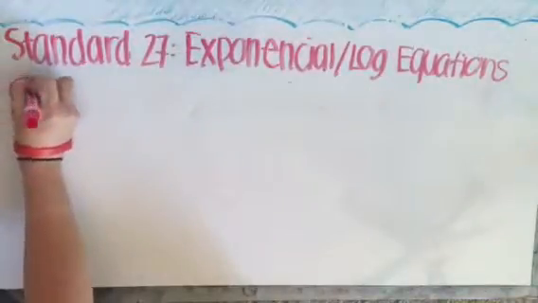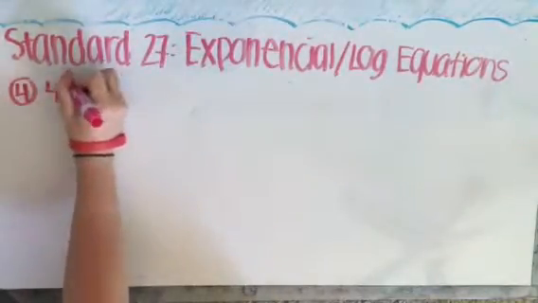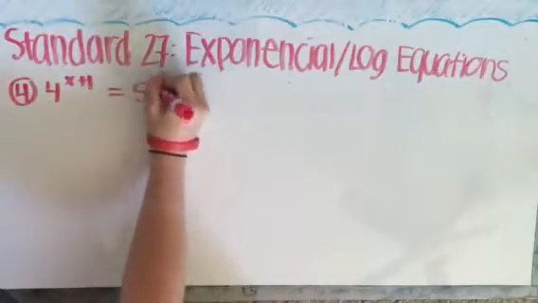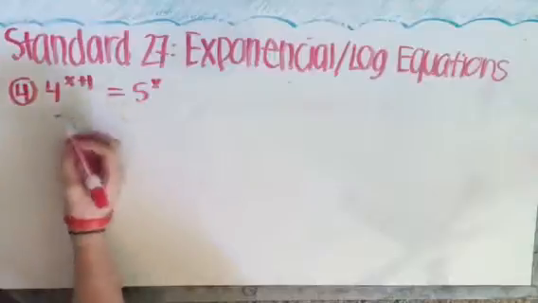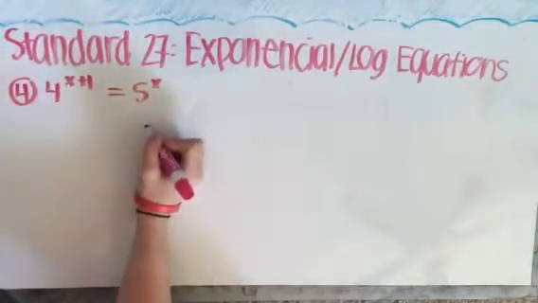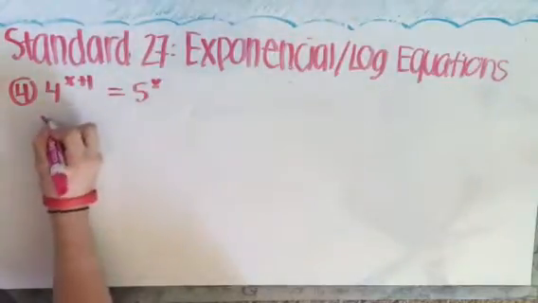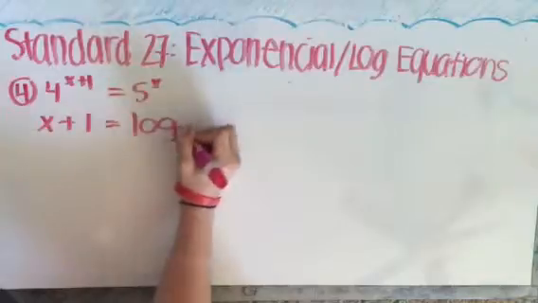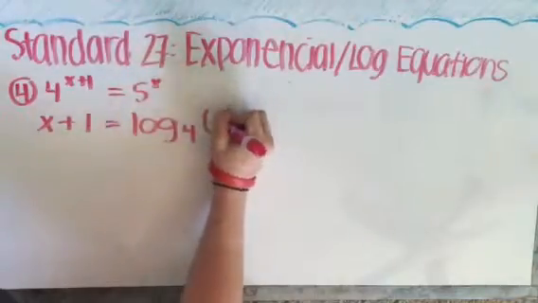Problem 4. 4 to the x plus 1 is equal to 5 to the x. Using the log formula on the left side only, you're going to move the 4 over to the log base over here. So it's going to be x plus 1 equals log base 4 of 5 to the x.